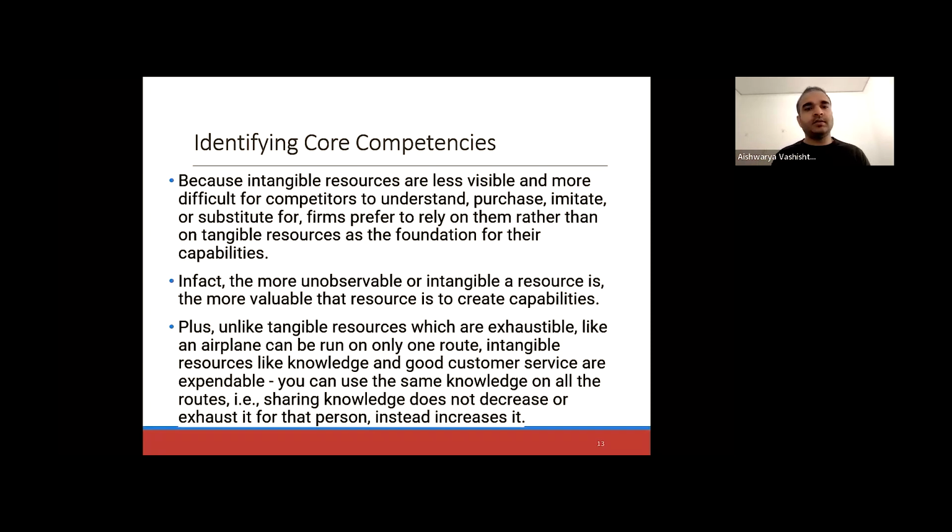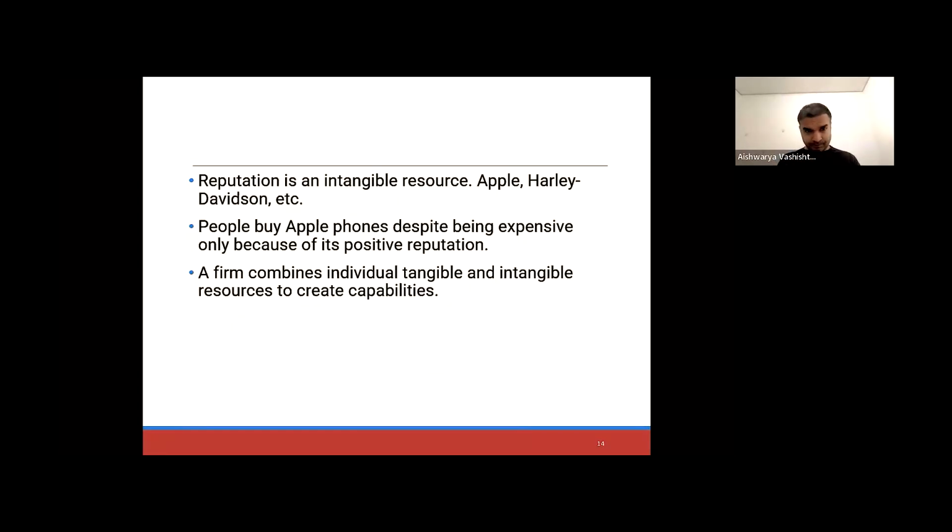It does not get consumed like an aircraft, which is a tangible asset, which gets consumed on one route, and then you cannot use it on other routes. But the culture can be used on any number of routes. It gets multiplied, right? Intangible strengths get multiplied while tangible ones are fixed. Then reputation, excuse me, is also an intangible resource. People buy certain products because of their brand value.